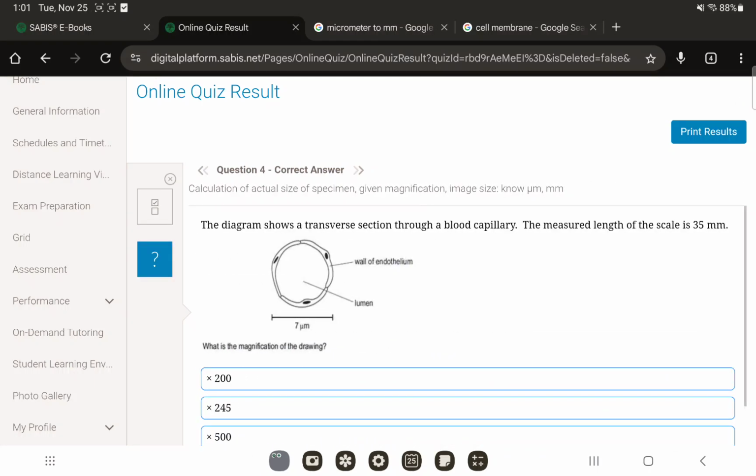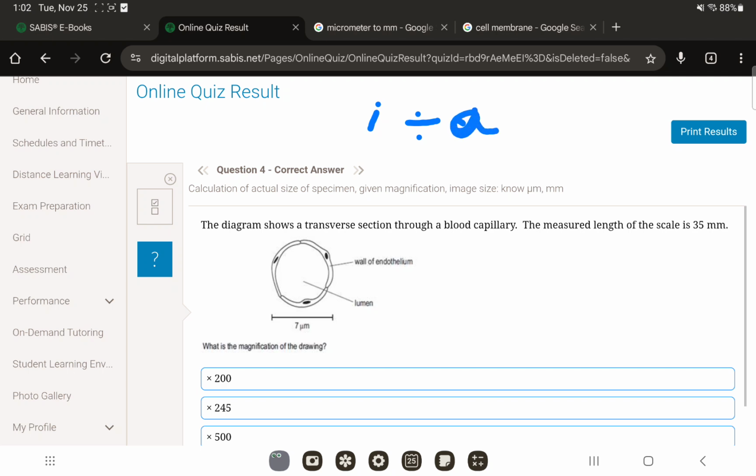So the diagram shows a transverse section through a blood capillary. The measured length of the scale is 35 millimeters. What is the magnification of this drawing? Okay. So to find the magnification, you have to do the size of image divided by the actual size.